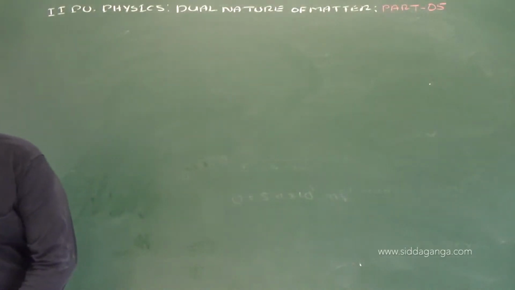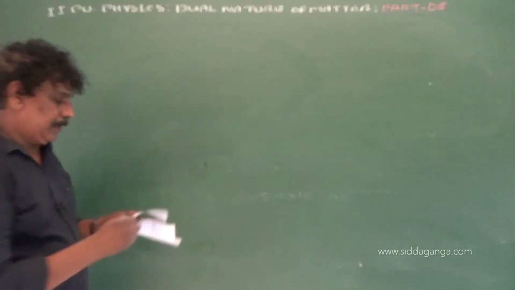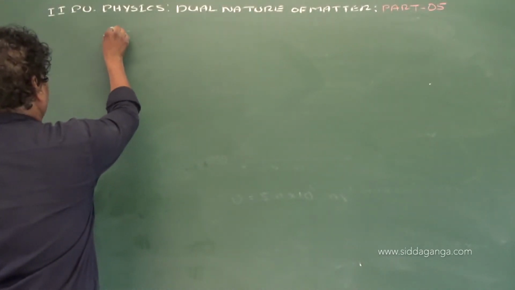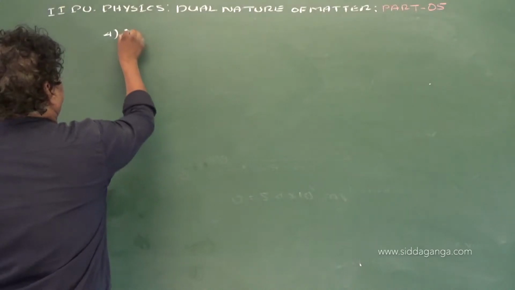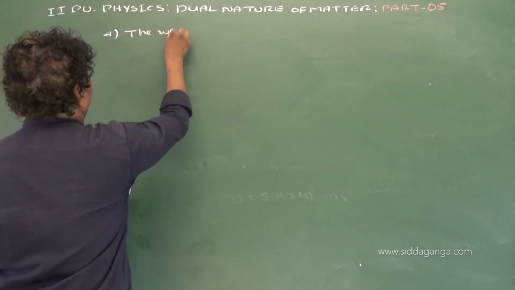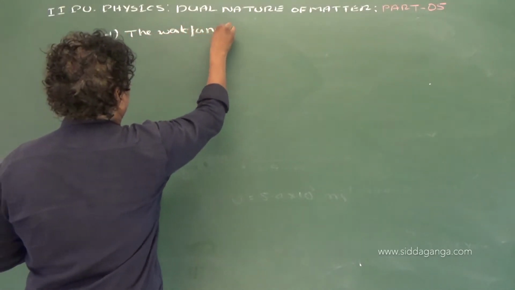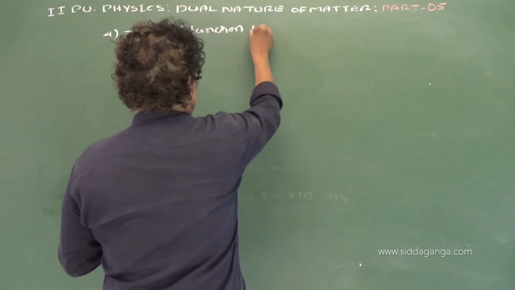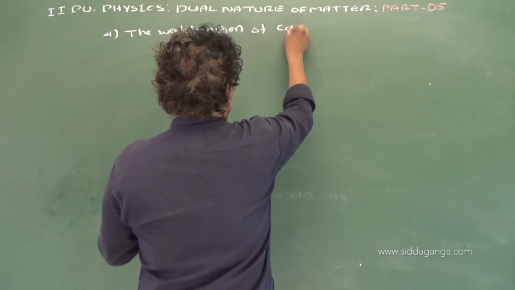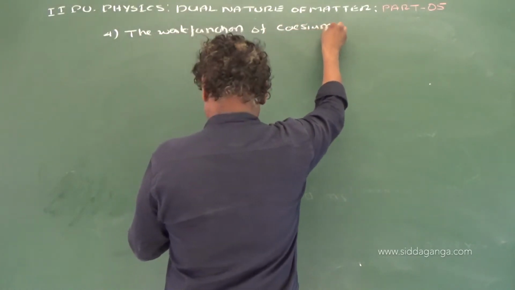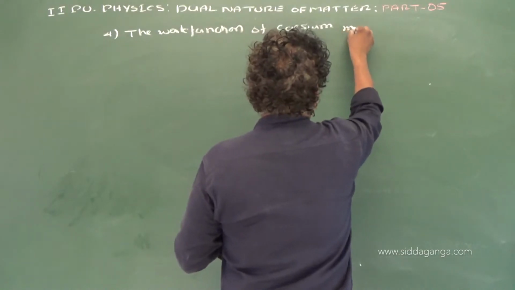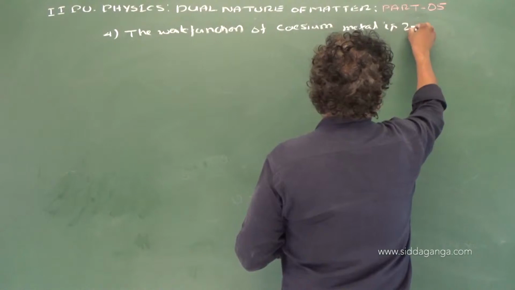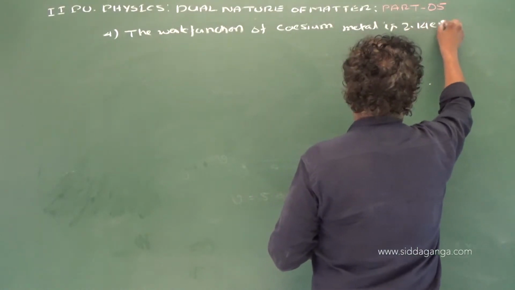Right. Now, another problem, number 4. The work function of cesium metal is 2.14 eV.